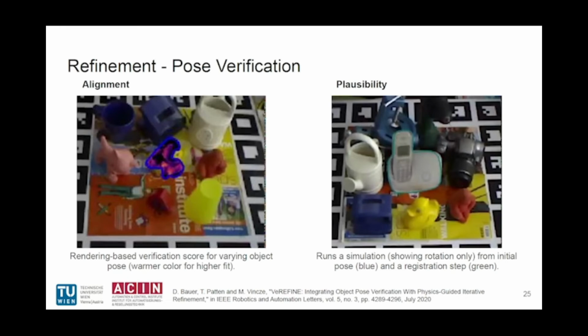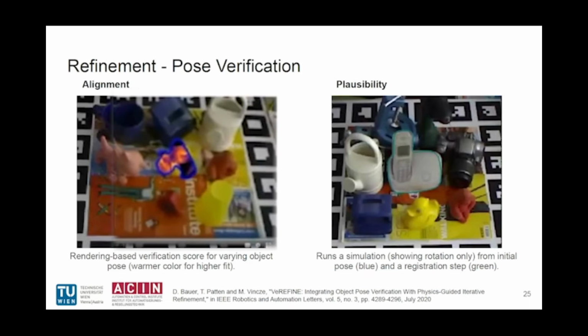Just for illustration, on the left you have a video of scoring of the pose. Using the normals of the scene and the normals of the object, you can compute a simple metric to measure how well it aligns. In this video, the warmer the color, the better the fit between the estimate and the scene, and the contour is from the estimated object.